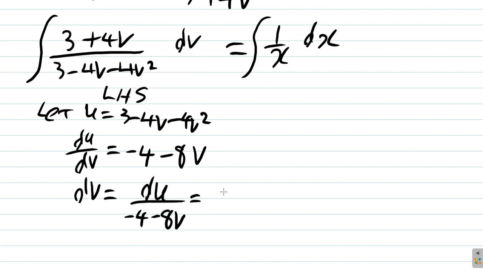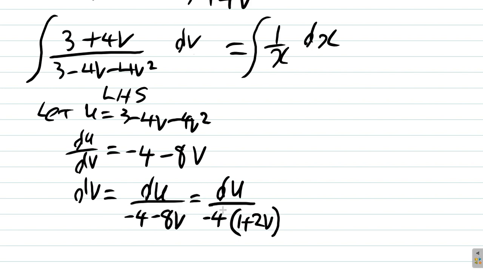You could factor out this too. It's du over negative 4, and then this would be negative 4, 1 plus 2v. Alright.